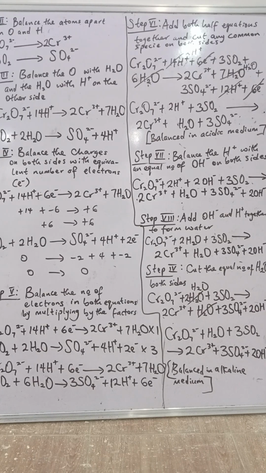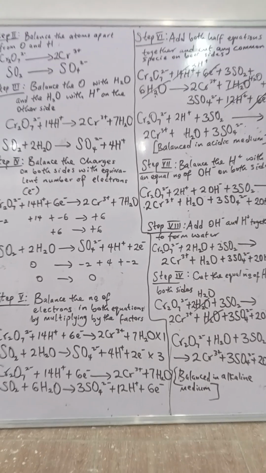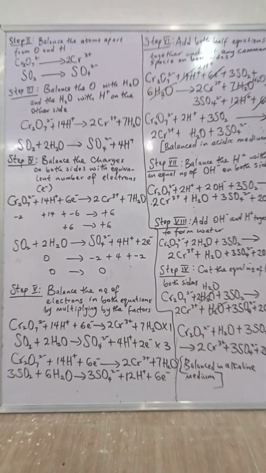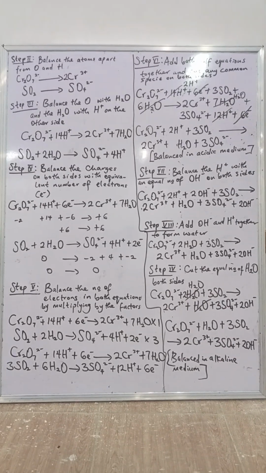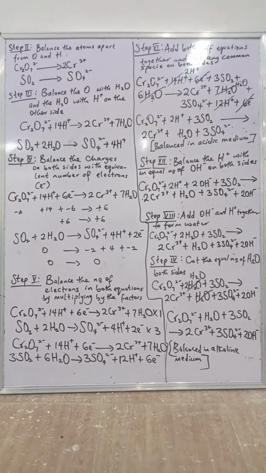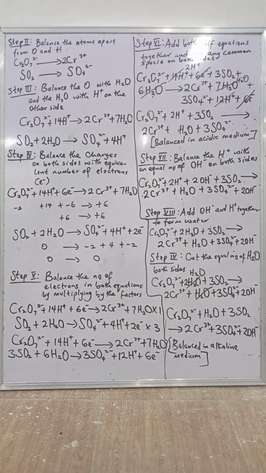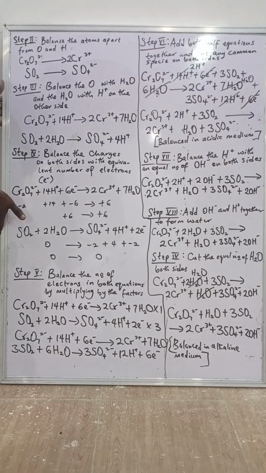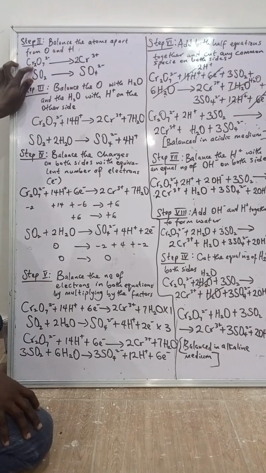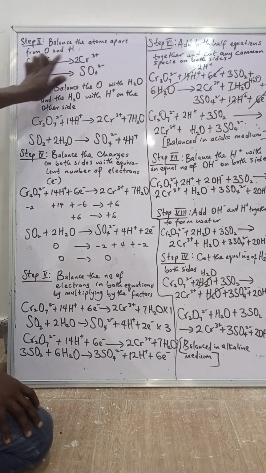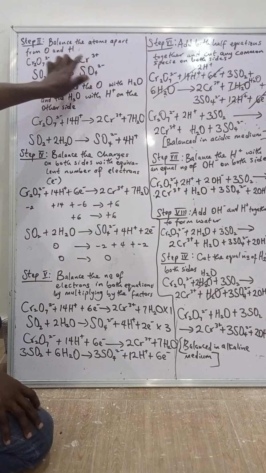So what we are looking at there is that we are going to balance the atoms apart from oxygen and hydrogen. How do we do this? We take a look at this. How many chromium do we have here? We have 2 chromium. Now, because of these 2 chromium, we'll add 2 chromium to the other side.